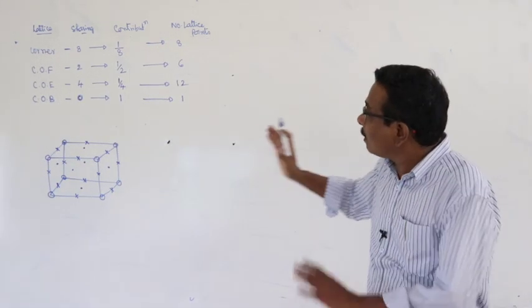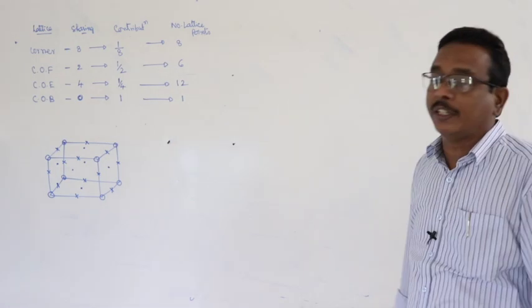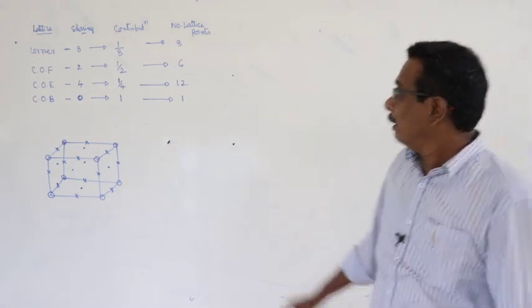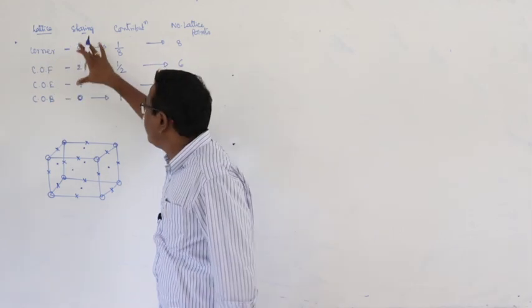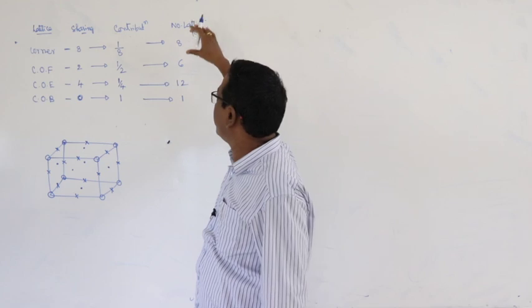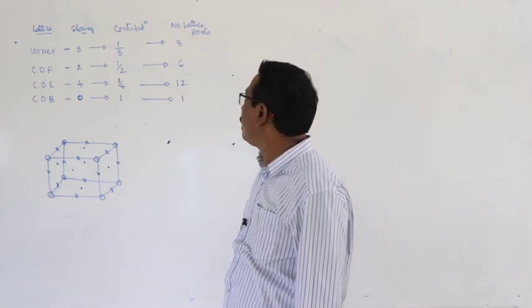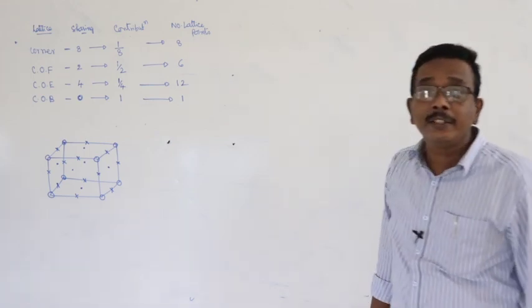For the next concept, you have to be familiar with all those important features of the unit cell. These are lattice points. This is about the sharing. This is about the contribution of ion per each unit cell. This is about the total number of lattice points. How many lattice points are there? 27.